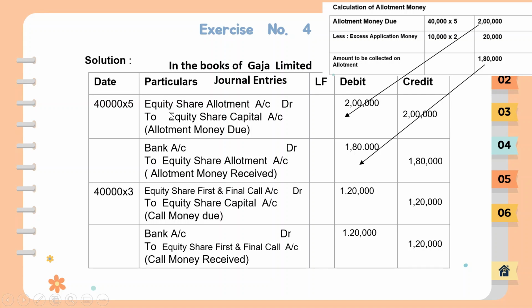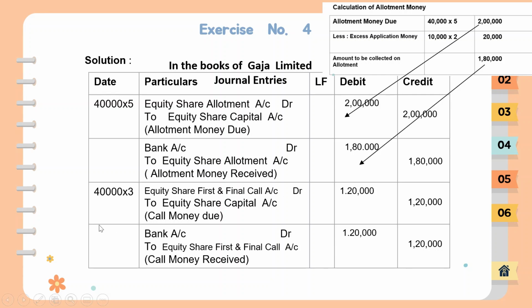As usual, you have to pass the due entry, bank entry. 40,000 into 5, equity share allotment to equity share capital 2 lakhs, and bank entry. When you receive allotment, you will receive only the subtraction. You have to subtract the excess application money from the due money, then you will get 1,80,000. That only you have to receive.